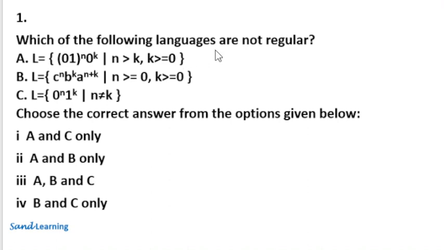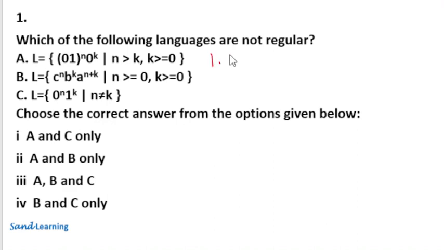Before identifying whether these three languages are regular, let us recall the grammars, the languages and the machines to recognize the strings derived from the grammar, which was discussed in one of my videos. To solve this question, let me give some important points. First one is the regular grammar.